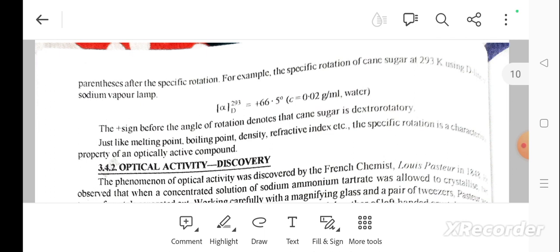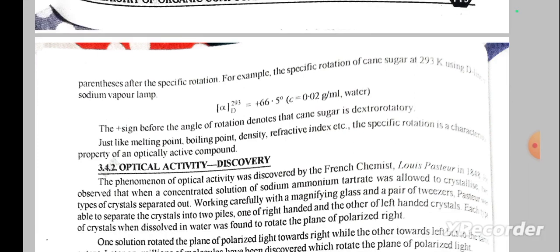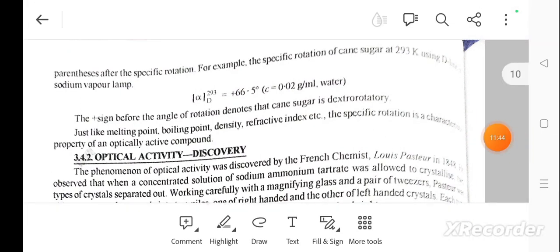For example, the specific rotation of cane sugar at 293 K using the D-line of a sodium vapor lamp is plus 66.5 degrees. The plus sign before the angle indicates that cane sugar is dextrorotatory. Just like the melting point, boiling point, density and refractive index, the specific rotation is a characteristic property of an optically active compound.